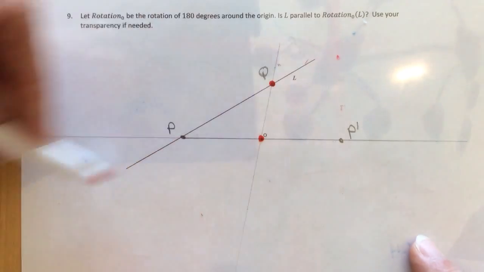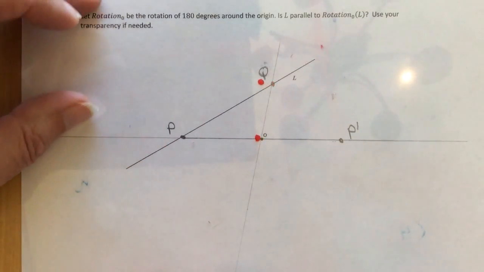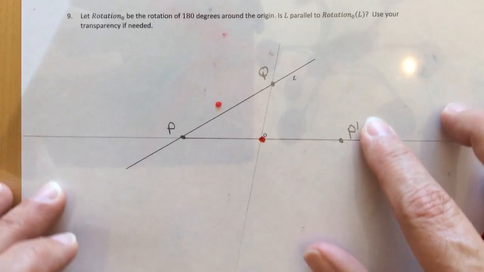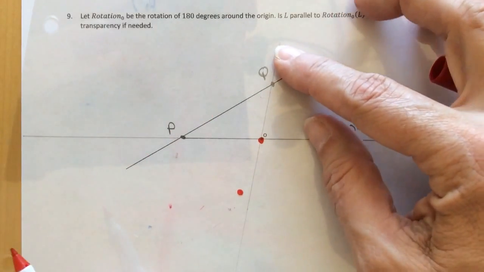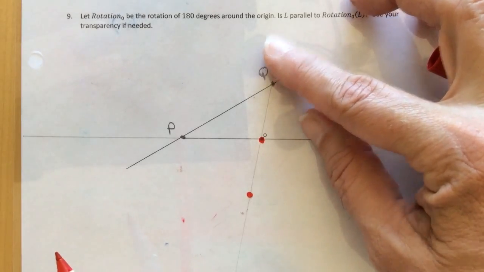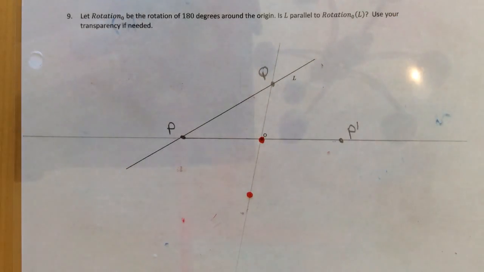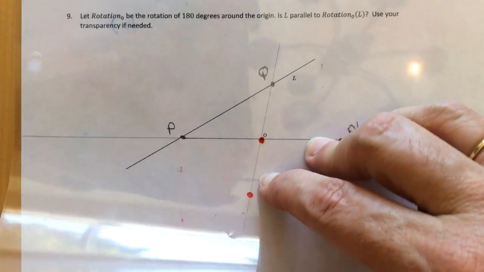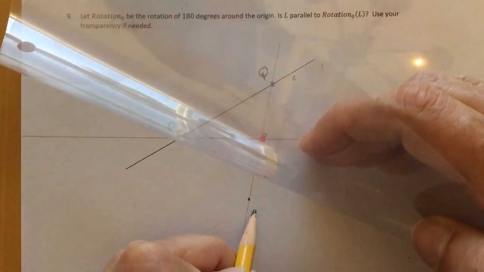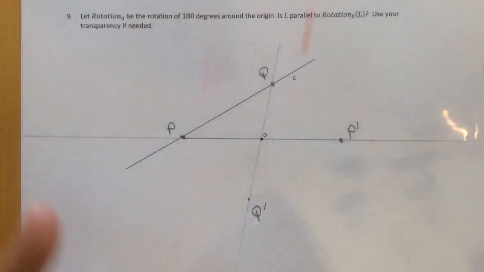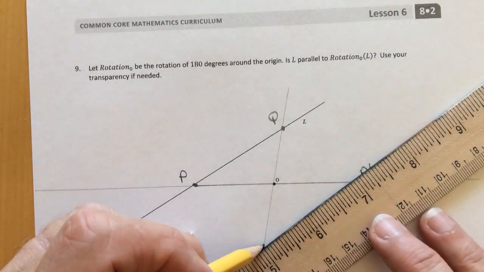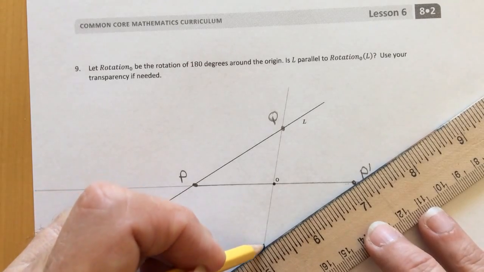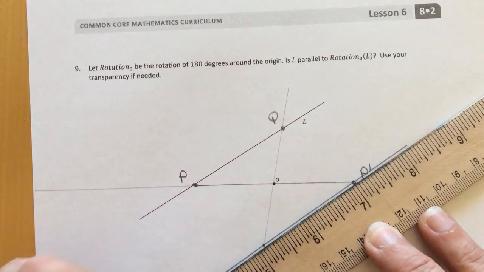All right, and I'm not even going to draw the whole line because I'm just trying to find the rotation of Q. So here we go, 180 degrees, keeping the origin anchored and then matching it up here. And there they cross. So I'm going to mark point Q prime. There's Q prime. So now I know that this line has to go through both of these points because they're both rotated points from that line. So there's my rotation of L.